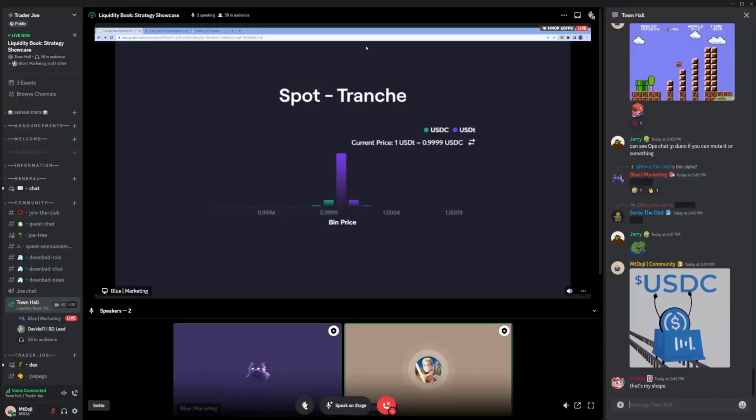What we see in some of these stablecoin pools is a tranched approach like this, with liquidity distribution across those 5 key bins. The majority of liquidity will be in $1 because that's pretty much where all the trading happens. But people do have that liquidity just either side of that to capture those moments of slight volatility.